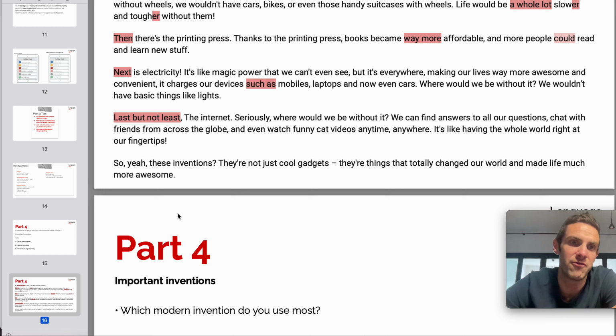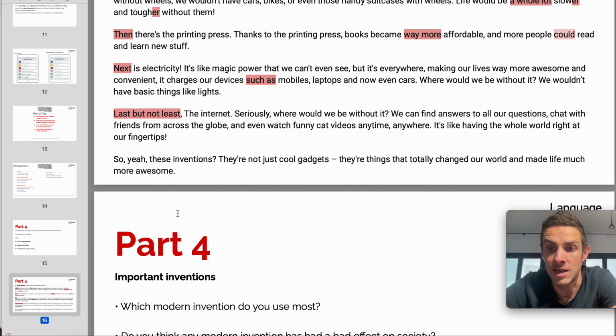We wouldn't have basic things like lights. So again, let's break it down. I used next to start this part of the monologue. Instead of saying, for example, I used such as. And again, I used the colorful adjectives to make it more exaggerated. It would make our lives way more awesome. All right, not just more awesome, way more awesome.